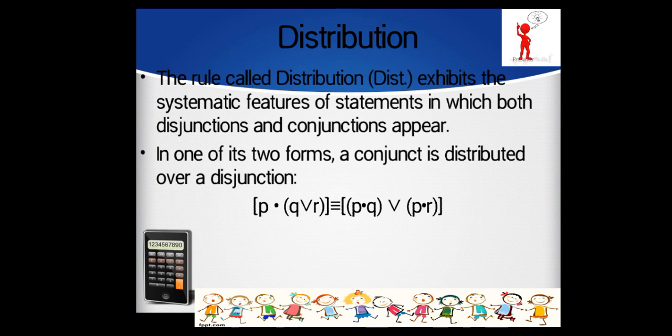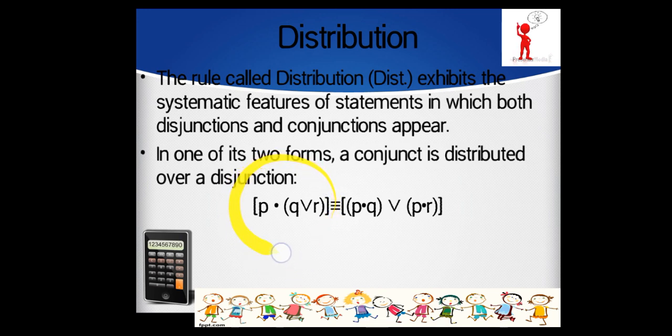So in one of its two forms, a conjunct is distributed over a disjunction. So pinagsama natin si conjunctions and si disjunctions. So in logic, just as in mathematics, it is possible for us to distribute propositions across a parenthesis as long as the resultant proposition is equivalent to the original proposition.